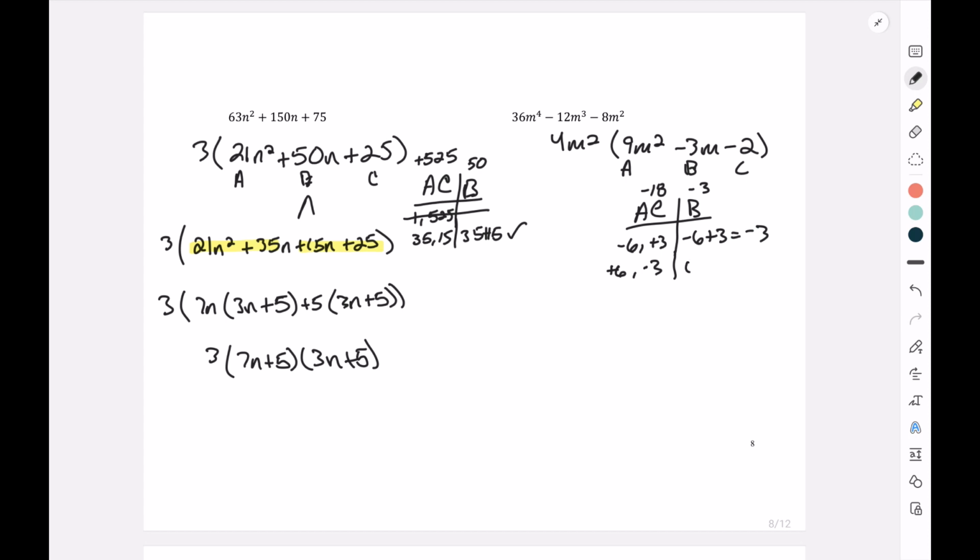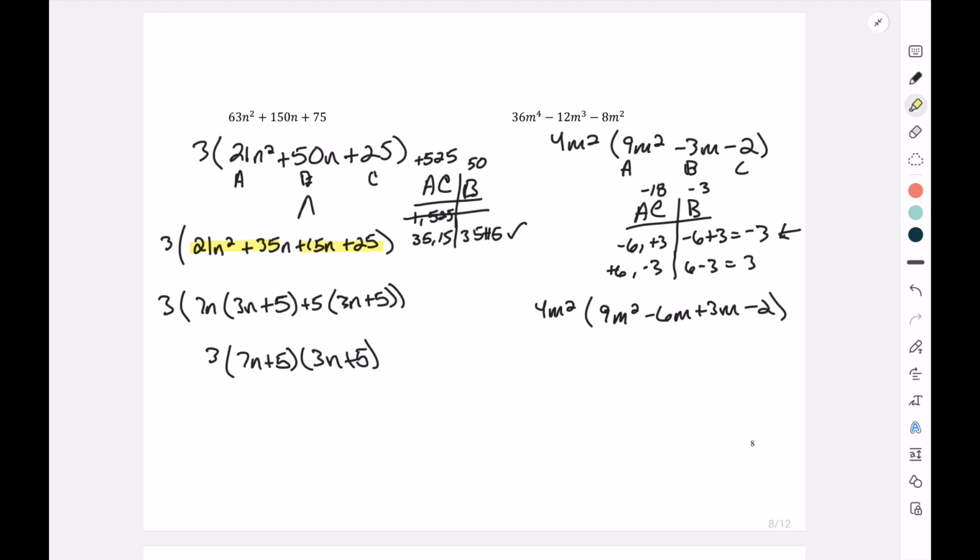The one on the bottom, 6 minus 3, would give us a positive 3, and since we want a negative, the top one is what we're going to use. Splitting the middle term, we would have 9m squared minus 6m plus 3m minus 2.